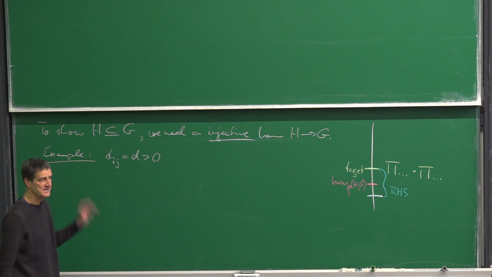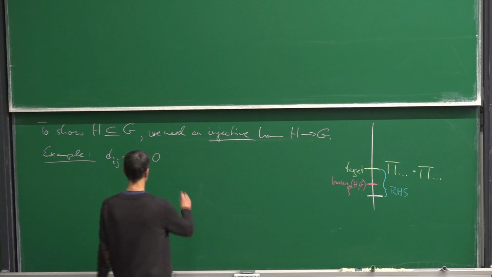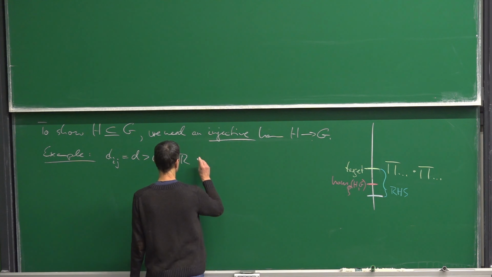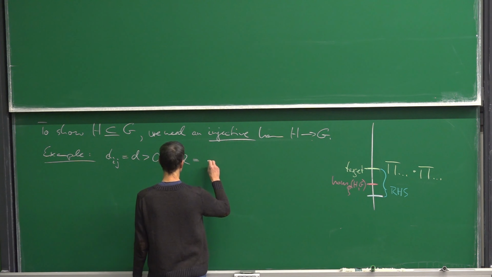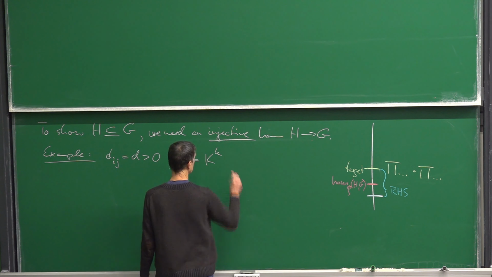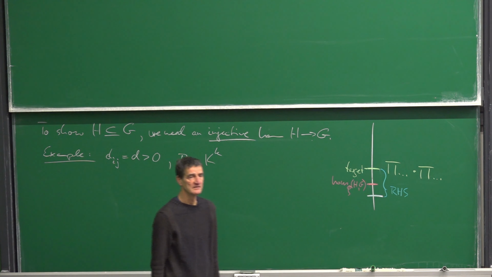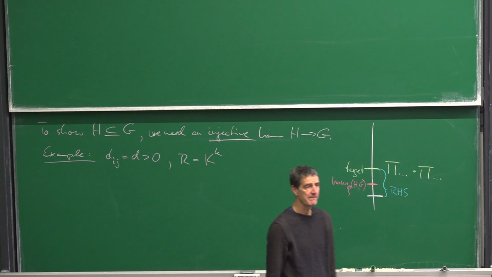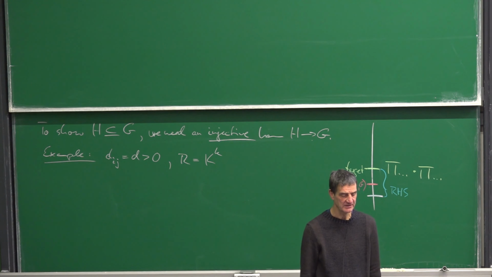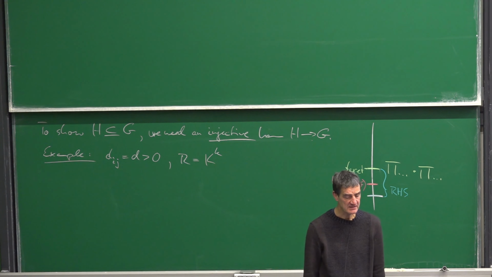They're all the same D, and let's assume that R is, again, a complete graph, K_k. So which H can we find?